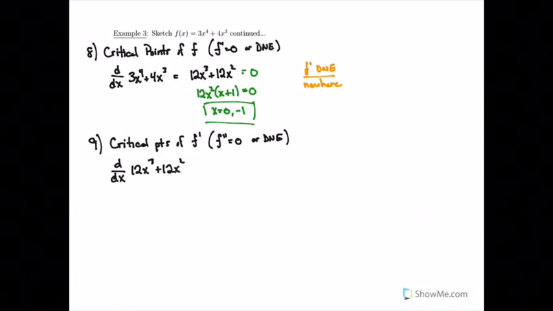So the derivative of 12x cubed plus 12x squared will be 36x squared plus 24x. We are going to set that equal to 0. We can factor out a 12x again, leaving us with 3x plus 2. And this gives us x equals 0 and x equals -2/3.